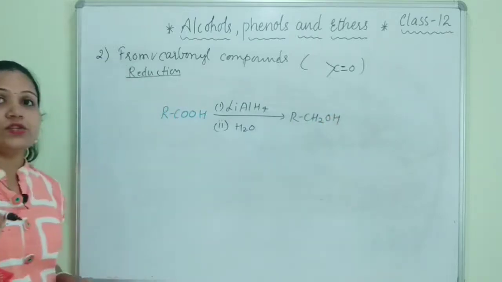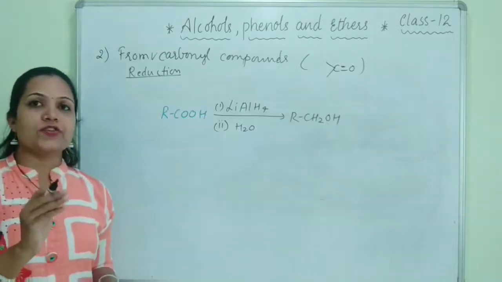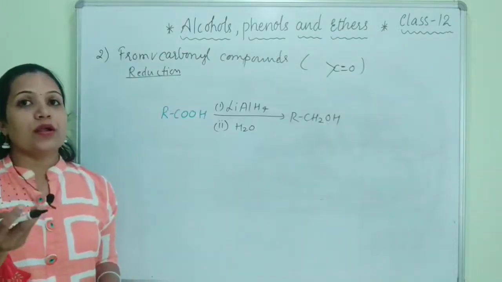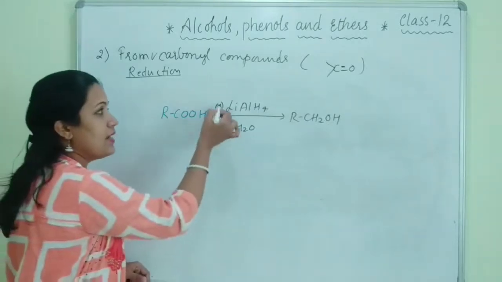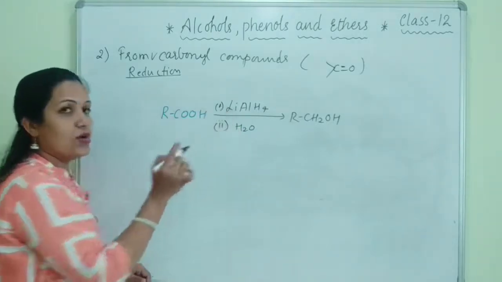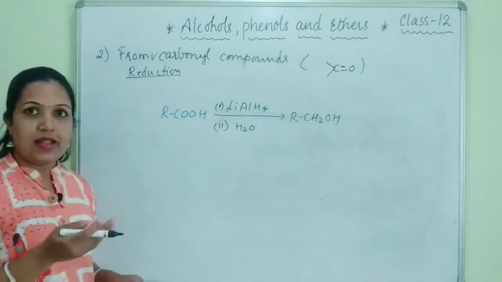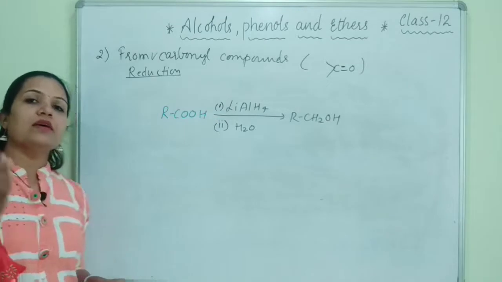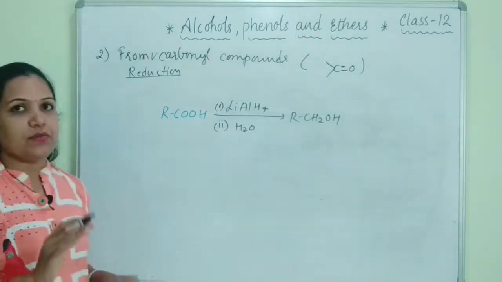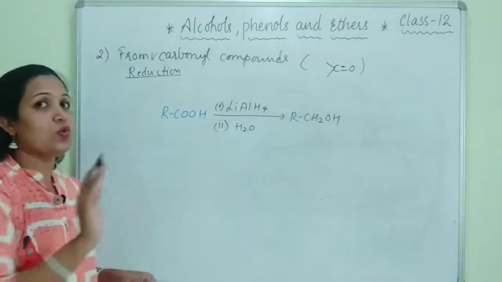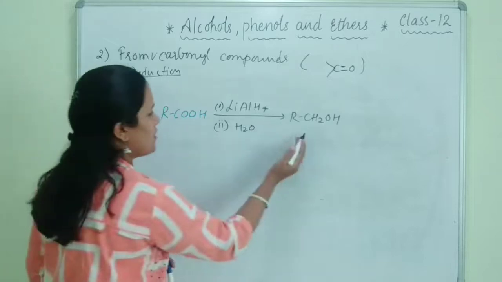Student, one more thing to keep in mind: whenever we write a reaction in which two reagents are used, we can write them as 1 and 2. What does it mean? It means first we added LiAlH4, and when we got the intermediate product, then we added the second reagent, and if we write it this way, nobody can mark us wrong. So we can write in this way.